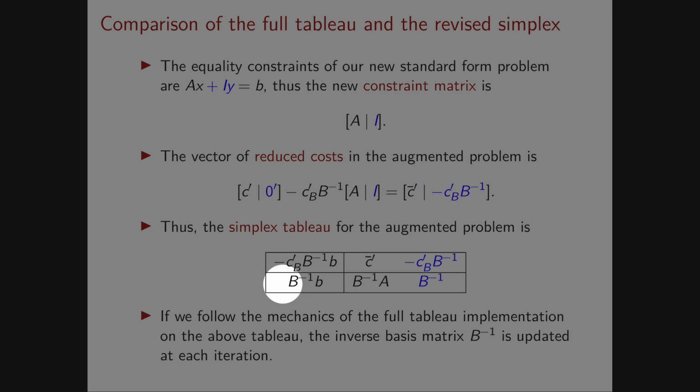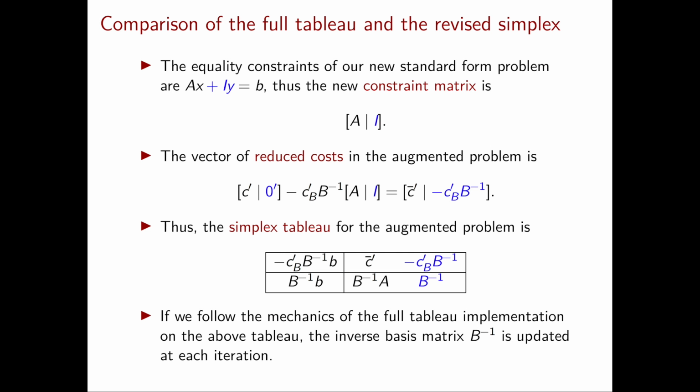In fact, in the 0th column, we will have B inverse b, since b is still the right-hand side, and then in the remaining columns, I will have B inverse times the constraint matrix, so the first n columns will be B inverse A, and the remaining m columns will be B inverse times the identity, which is simply B inverse. Let's now compute the 0th row.